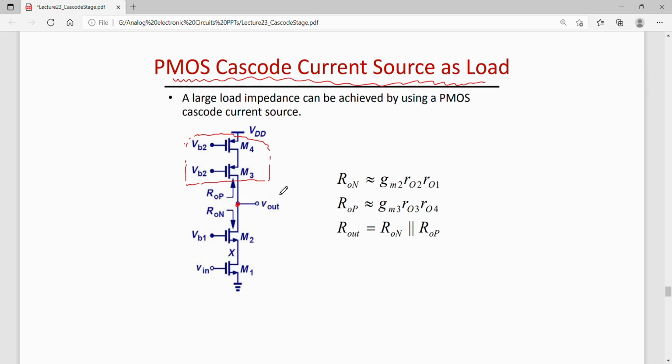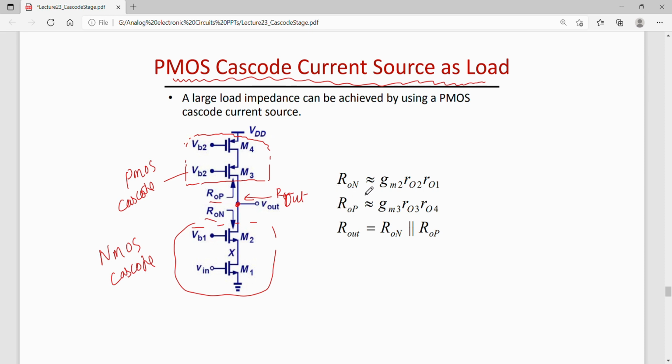So total output impedance, we had commented that one can calculate the total output impedance if I know the output impedance of this PMOS cascode and the output impedance of the NMOS cascode, that is this one. So both have been calculated earlier. So R out will be simply parallel combination of these two impedances. So RO we had calculated for NMOS cascode. For PMOS cascode also output impedance we had calculated. So total output impedance is this much.